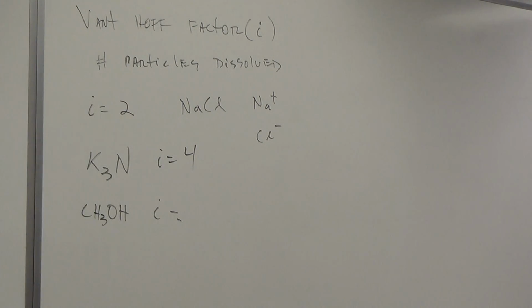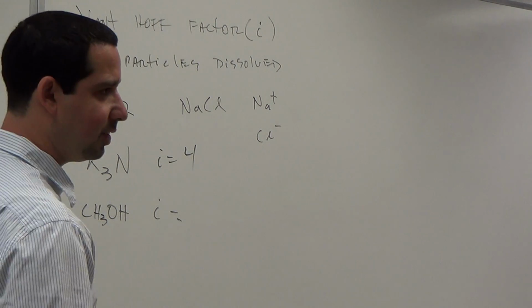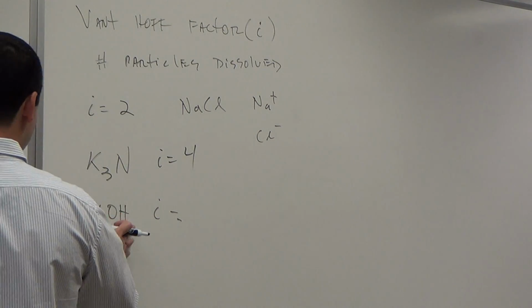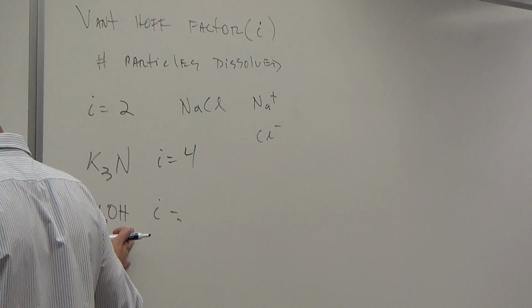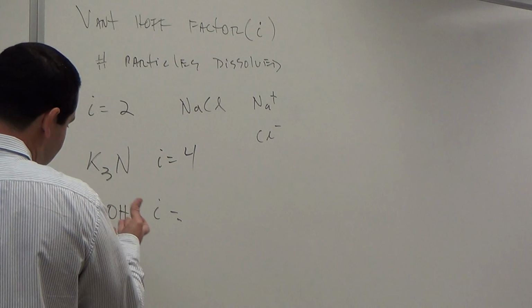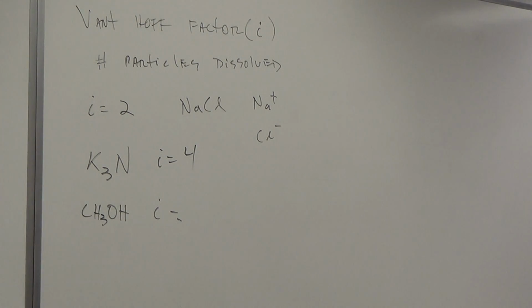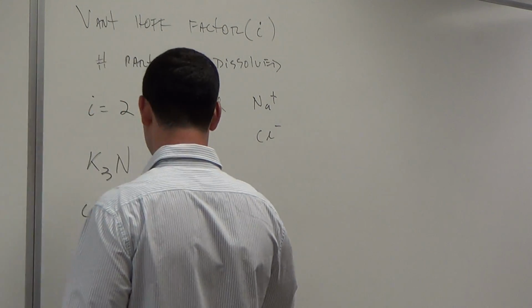What's the Van Hoff factor for methanol, CH3OH? The OH doesn't break. What type of compound is this? It's not ionic, it's molecular, covalent. This stuff does not break, so the Van Hoff factor is 1.